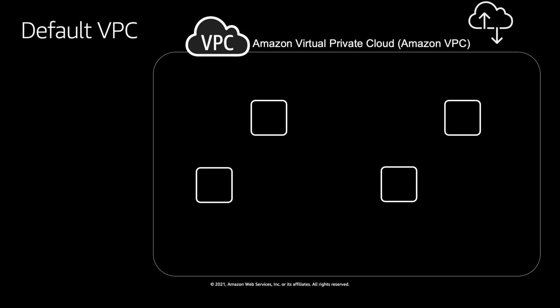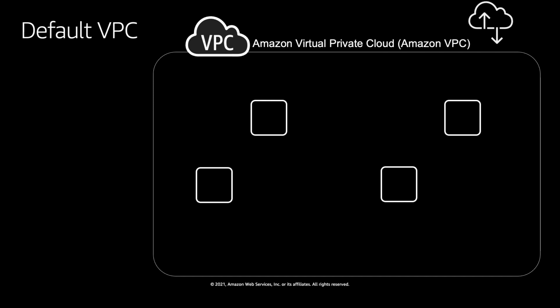This is the outermost shell that you get, which isolates you from any other network. Basically, this is your own virtual private cloud, which you can use to create or deploy your application. When you create an AWS account, you will get a default VPC in all the regions.